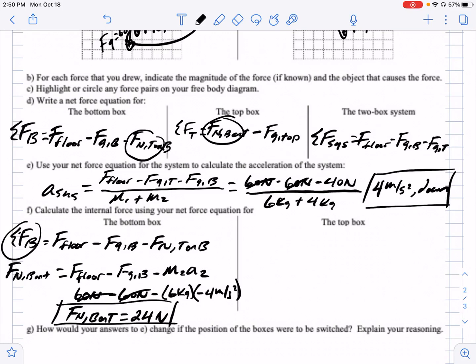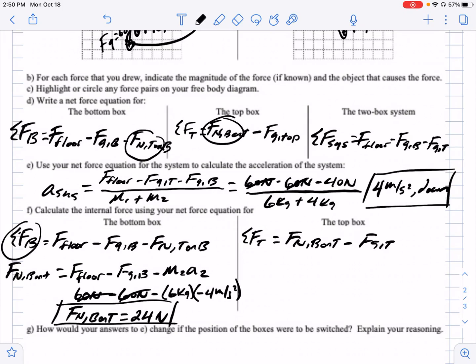Let's solve for the same force here, but now we'll use the top box information. So the net force of that top box is equal to that normal force we're looking for, bottom on top, minus the weight of the top box.